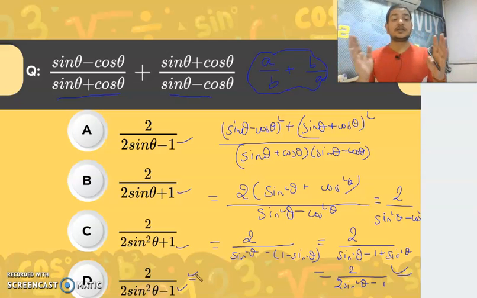That's how CBSE asks questions blending algebraic identities, which we mostly use in trigonometry. Here we have some certain formulas like sin square θ plus cos square θ is equal to 1, sec square θ minus tan square θ is equal to 1, and cosec square θ minus cot square θ is equal to 1.